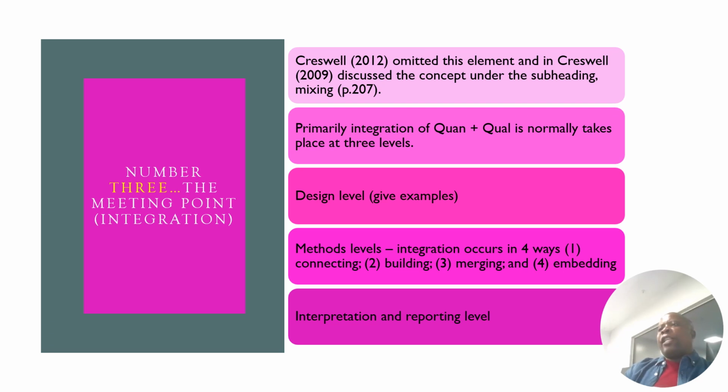So the only point they are left with to integrate the two studies is the interpretation and the reporting level. So it's very important for you to take note of that. And so we have three levels at which your quantitative and qualitative approaches can meet.